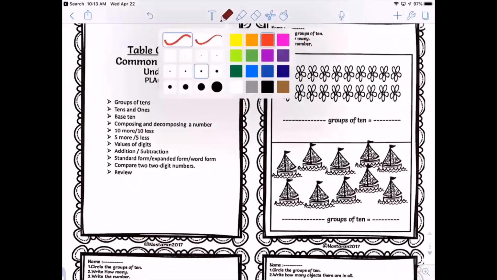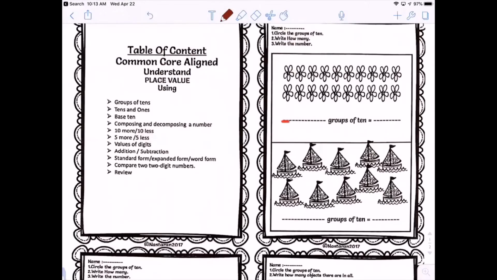So right here, you're going to write how many groups of 10 do you have there? Then here, you're going to write how many you have all together.